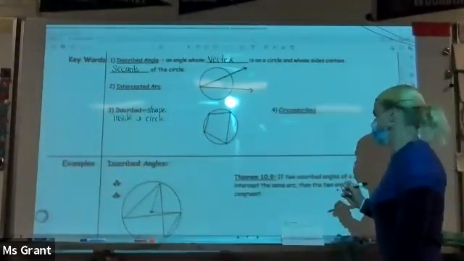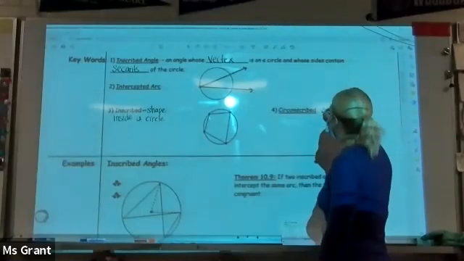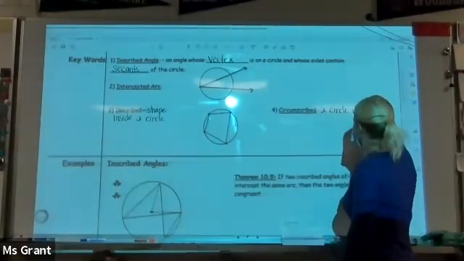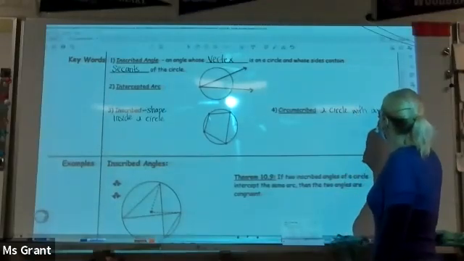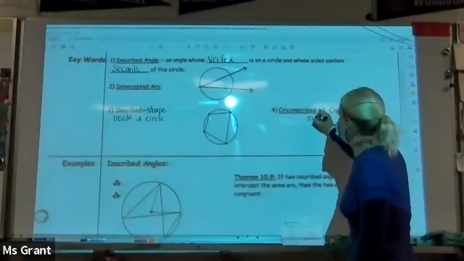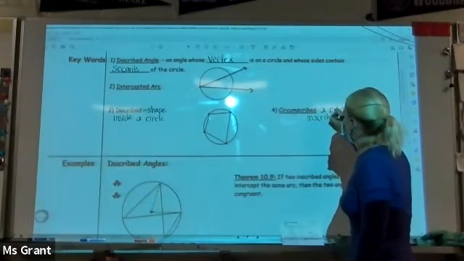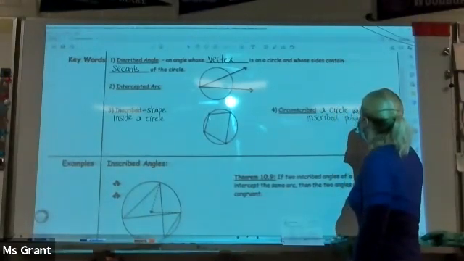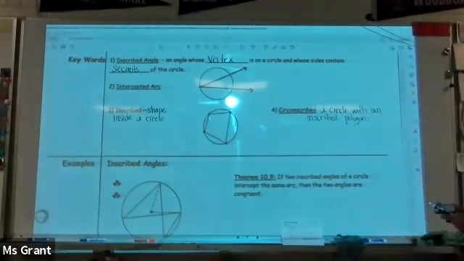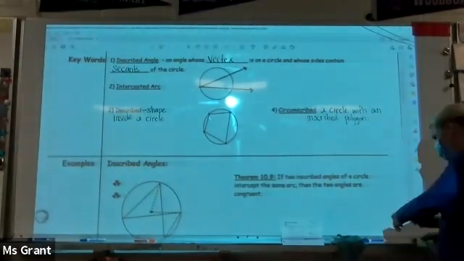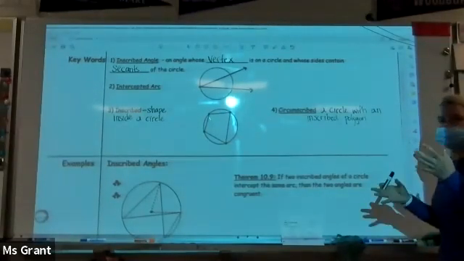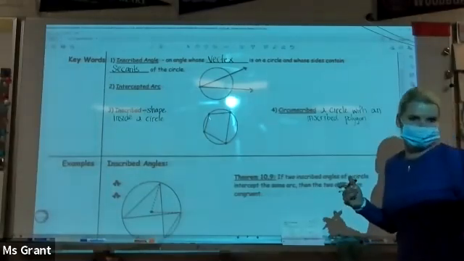Circumscribed, on the other hand, is a circle with an inscribed polygon. So inscribed and circumscribed. Now I'm going to compare them with a sentence because they're very similar sentences.